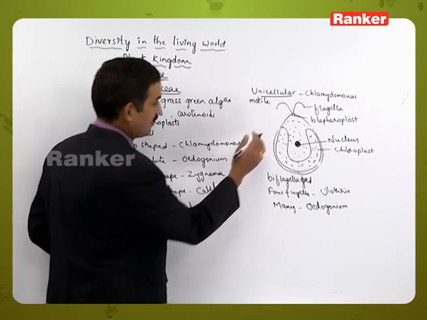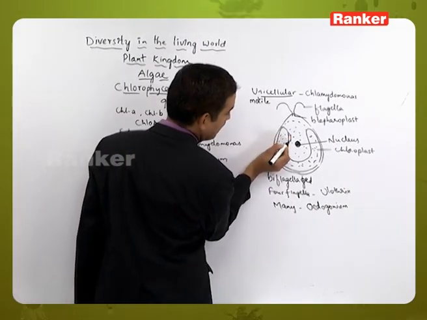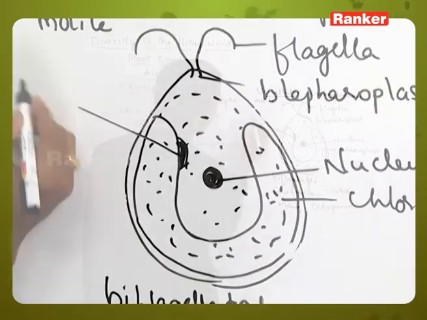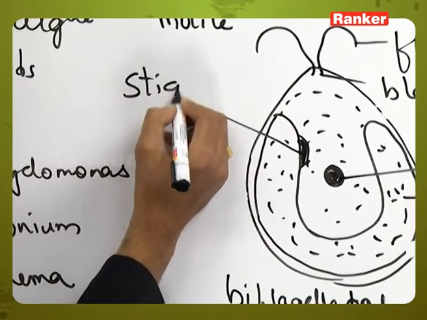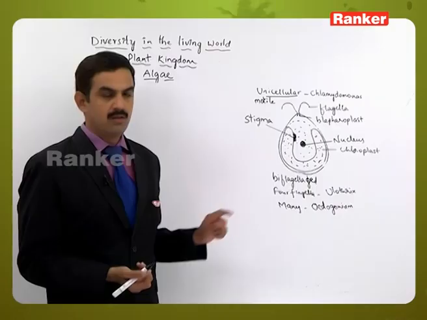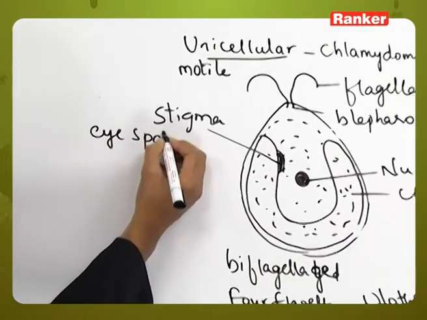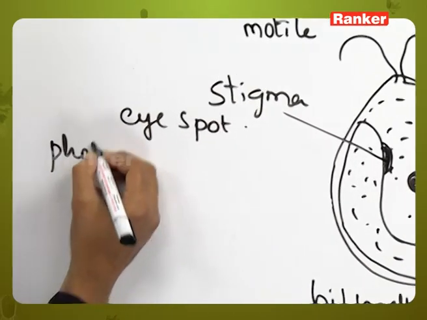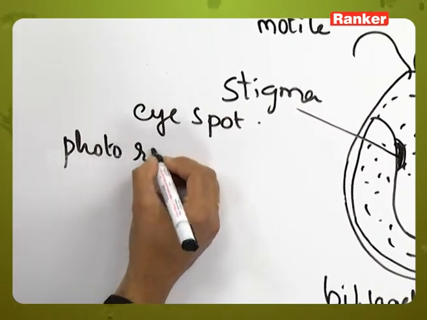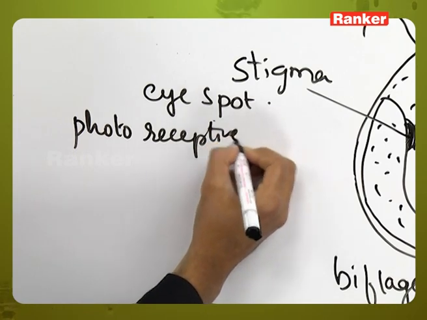Apart from that, in some of the members we can see the stigma or eye spot, which is considered to be the photoreceptive organ.